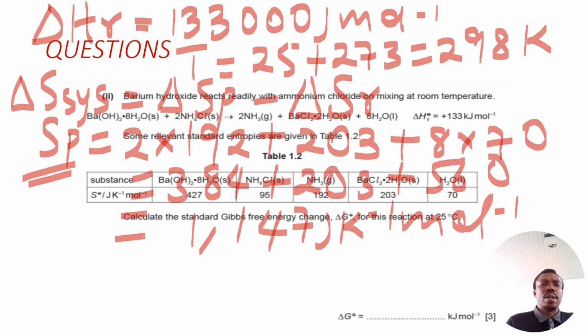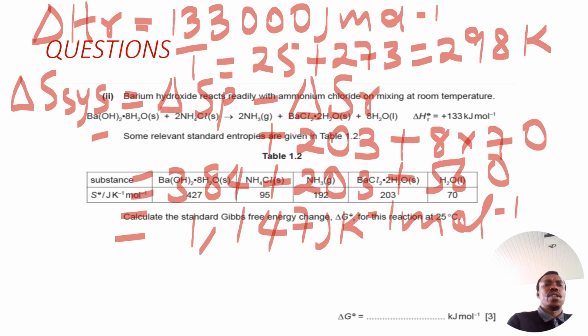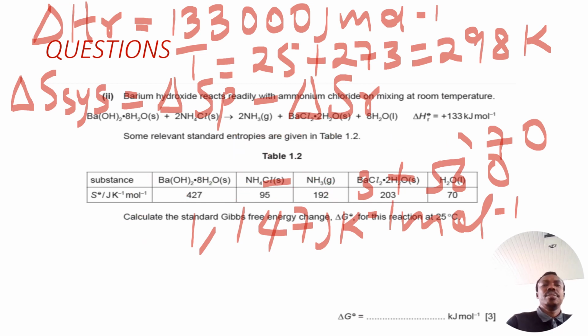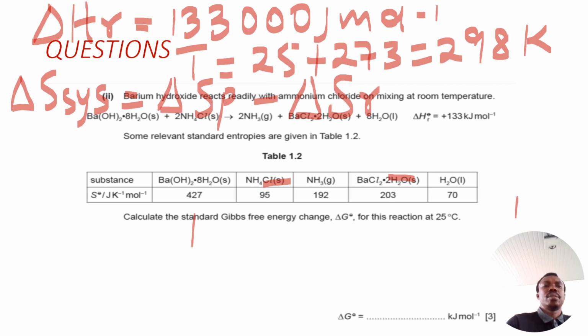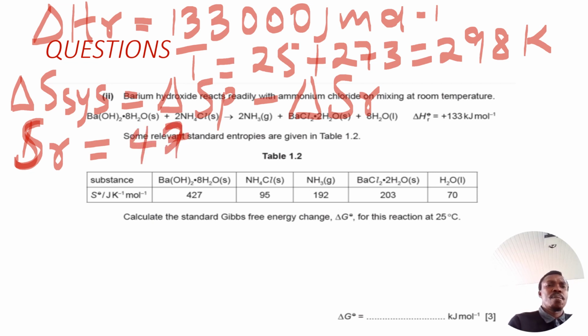Now, to calculate the entropy of the reactant, I have to erase this so that I will have enough space. The entropy of the reactant will be equal to 427, which is for barium hydroxide, plus 2 times 95, 2 moles of ammonium chloride, 95.